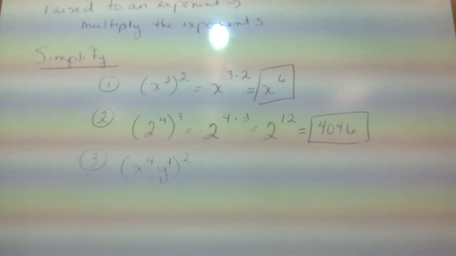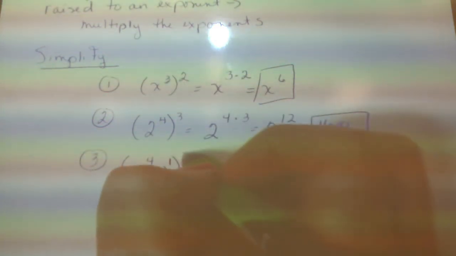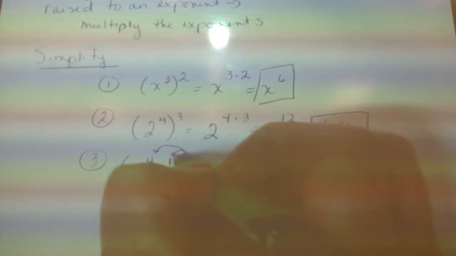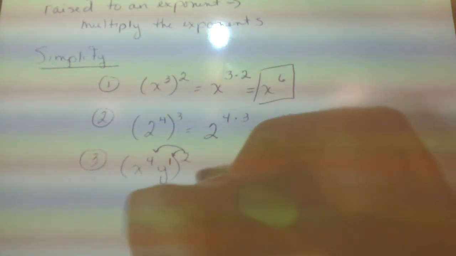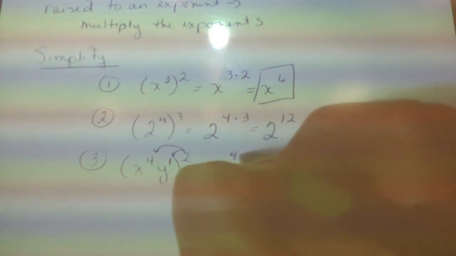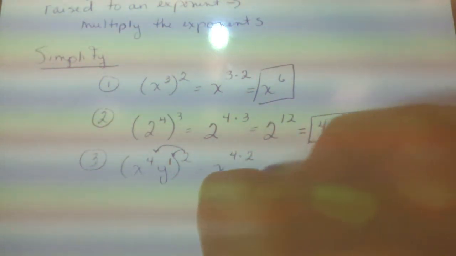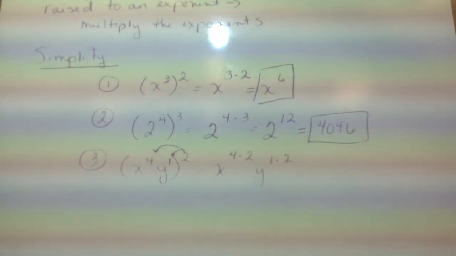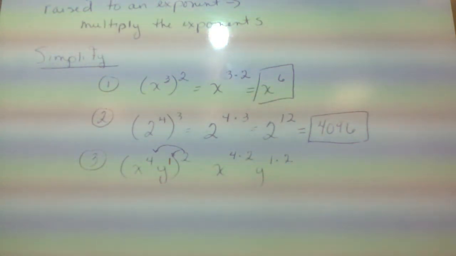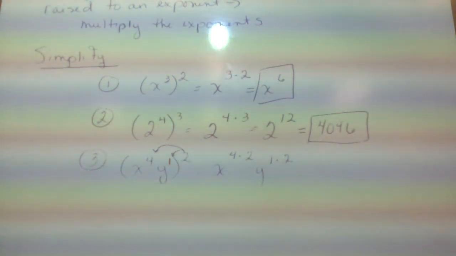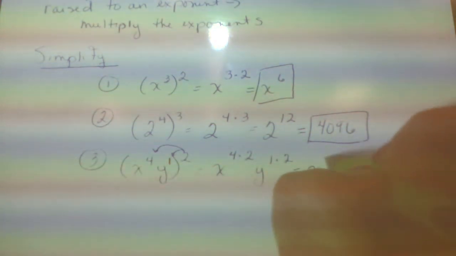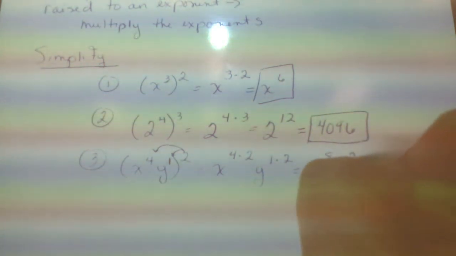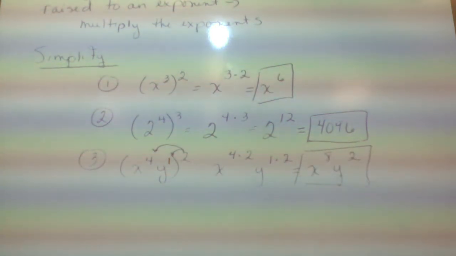Now I'm going to take that exponent that's on the outside and I'm going to multiply it to each exponent on the inside. So this becomes x to the 4 times 2 and then y to the 1 times 2. So all I'm doing is I'm taking that exponent that's on the outside and multiplying it to each exponent on the inside. So I've got x to the 8th, y squared.